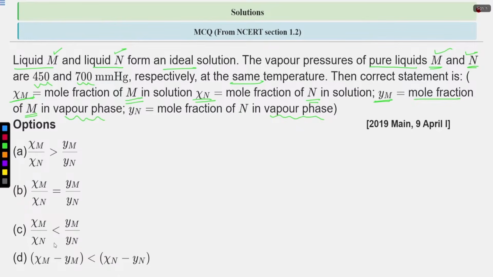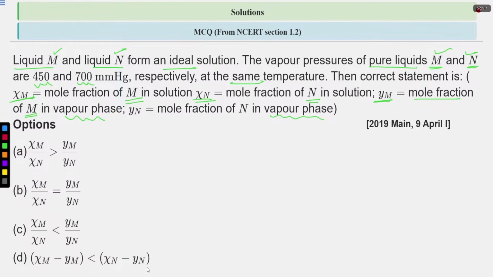Or the ratio in the solution is lesser than the ratio in the vapor phase. Or the last option says that the difference between the mole fraction of M in solution and in vapor phase is less than the difference in the mole fraction of N in the vapor phase and the solution. So these are the four different relations given.